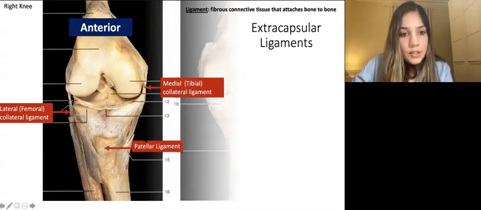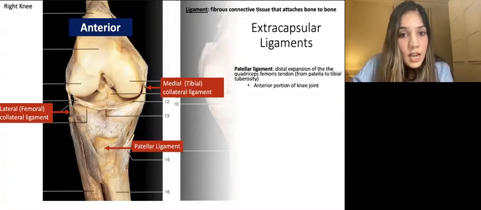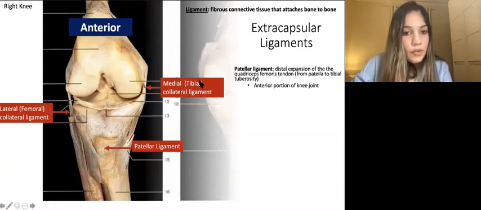We'll go over the patellar ligament first. It's a distal expansion of the quadriceps femoris tendon, and it's located at the anterior portion of the knee joint. Then we've got the lateral and the medial collateral ligaments, which in your OSCEs you would test when you do your knee exam.